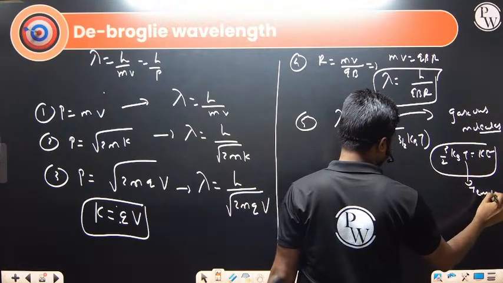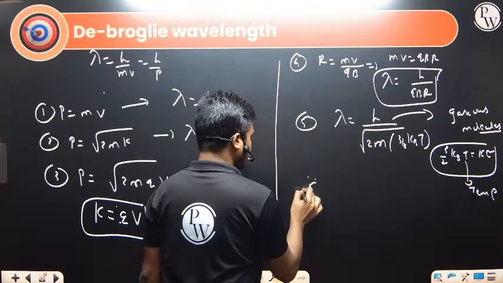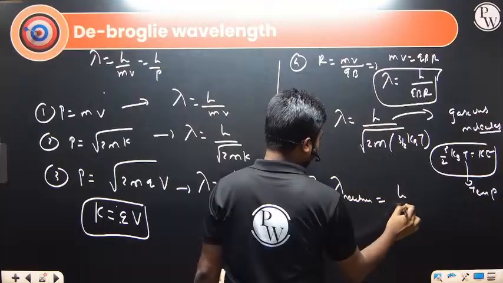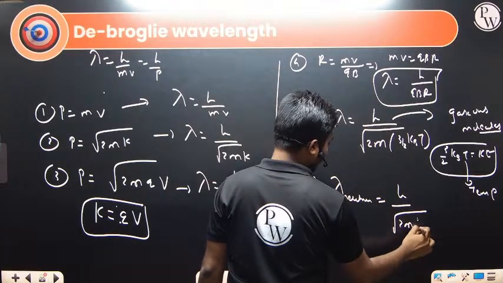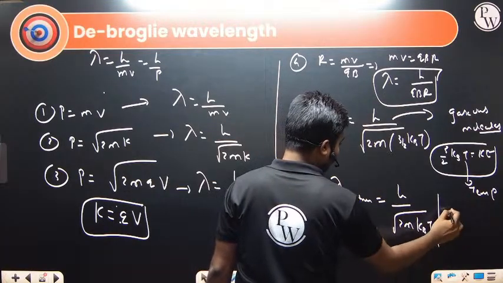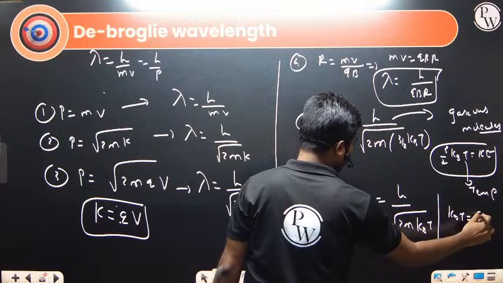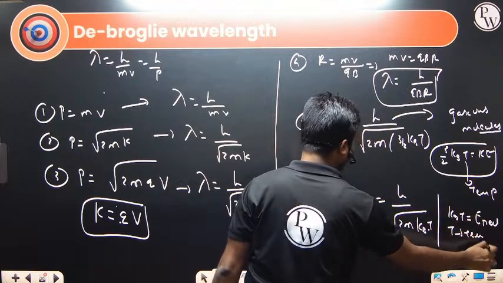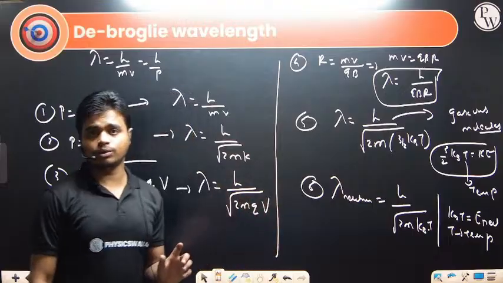Again, for the neutron it is defined as h divided by under root 2m kBT. kBT is the energy of the neutron, where T is the temperature. So these are the different formulas we have for the de Broglie wavelength.